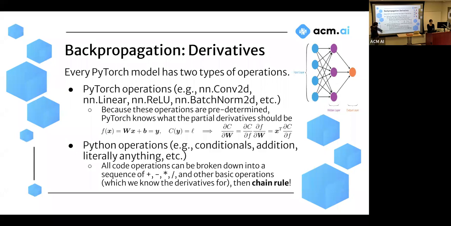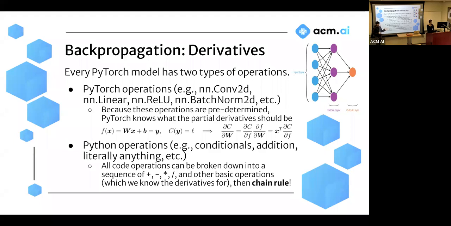And the idea is this: all code operations can be broken down into a sequence of addition, subtraction, multiplication, division, and other basic operations, right? Exponentiating, for example, is a type of operation. Concatenating two things together may be an operation. And we know the derivatives for these operations, right? Because of this, we can break any valid operation between two tensors, at least, down into these things, and we're able to calculate the gradients because we know what they are.